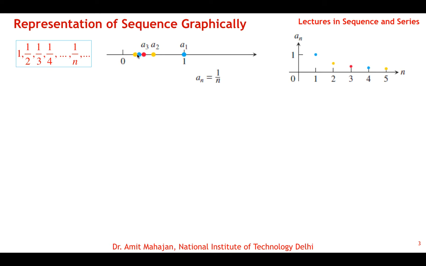Okay, so we can represent the sequence on the real line, or there is another way that we can represent it on the xy plane, where the x-axis is taken as the domain, which is positive integers, and the y-axis is taken as the an elements.